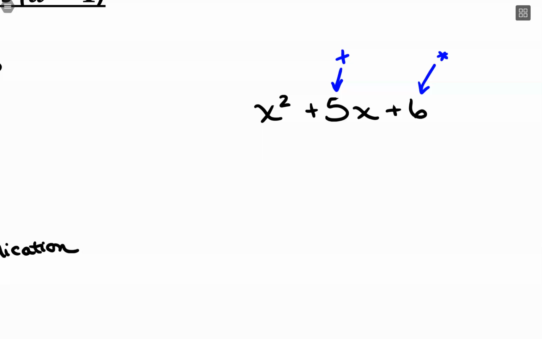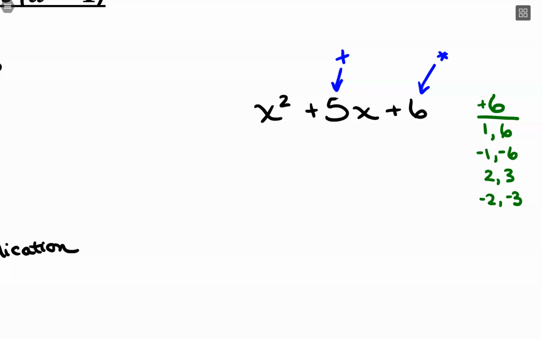So something we're going to do is take our value for c and think about the possible factors. For a positive 6, and noting the sign is going to be important, it's a positive 6. So we could have a 1 and 6. We could even have negative 1 and negative 6. We could have 2 and 3. We could have negative 2 and negative 3.